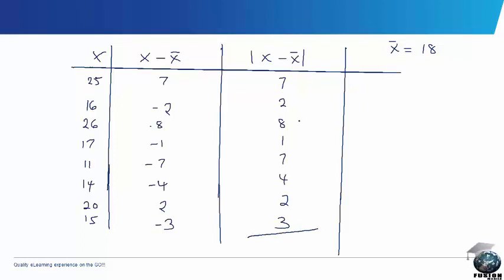Then we find their total. When you add 7 plus 2 plus 8 plus 1 plus 7 plus 4 plus 2 plus 3, the sum gives us 34. So the summation of |x minus x bar| is equal to 34, and we already have n equal to 8, the total number of samples.